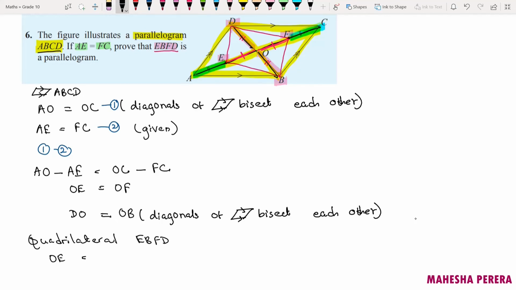OE equals OF. That means these two lengths, right? And also DO equals OB, these two lengths, right? So this means the diagonals of this quadrilateral bisect each other, right?